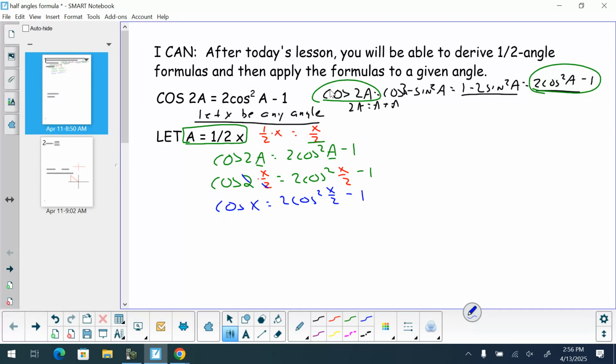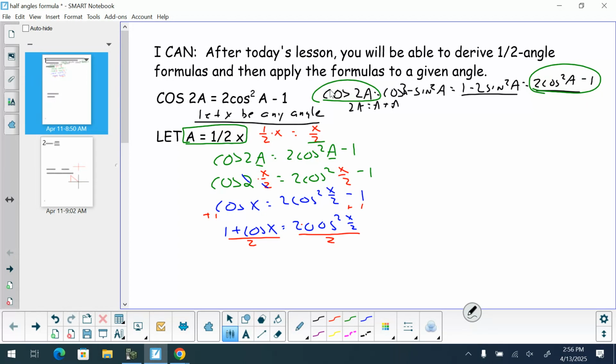If we add 1 to both sides, we're left with 1 plus cosine of x is equal to 2 cosine squared x over 2. To get rid of this multiplication by 2, we can divide by 2.